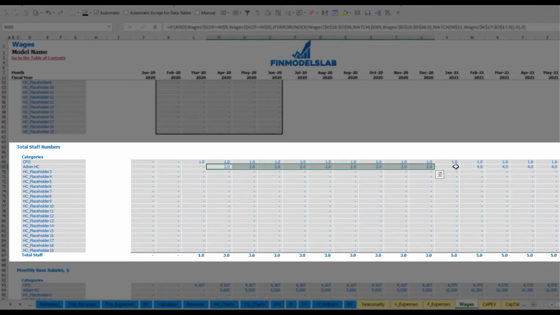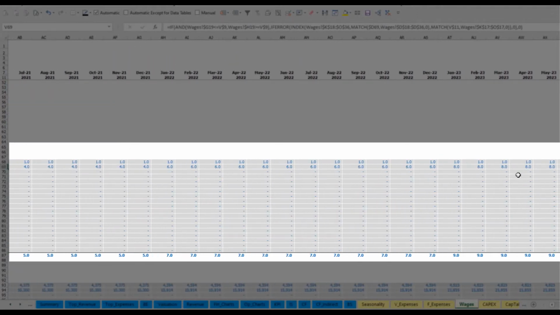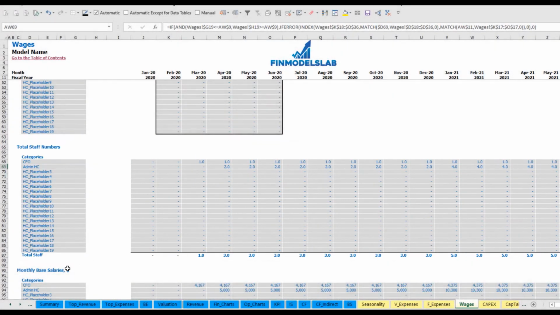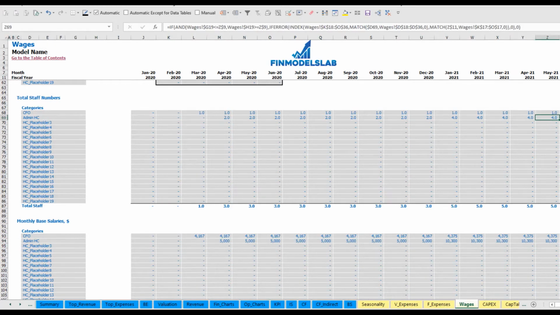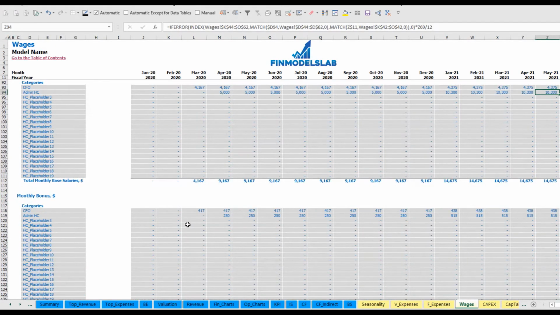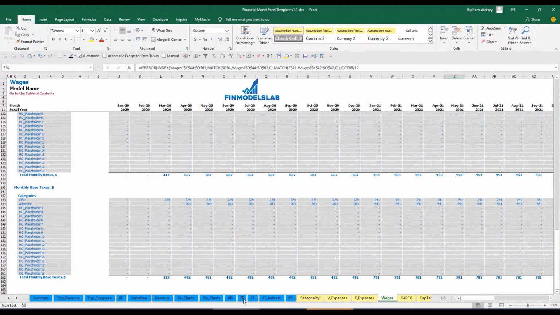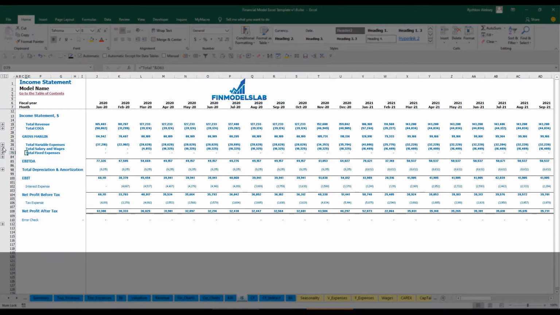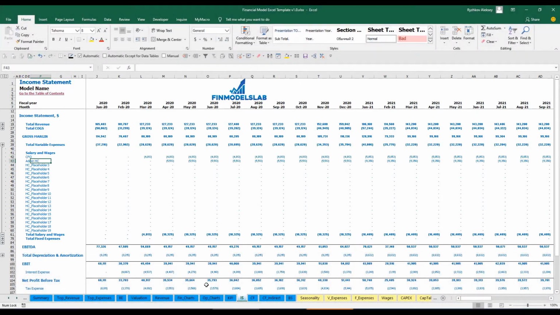Starting from year 2021, you have 4, then 6, 8, and 10 in the last year of the model. Again, calculation of salaries for these, in this case 4 headcounts, calculation of bonuses, and calculation of monthly based taxes. You may see an income statement, total salaries and wages, and here you may see the total amount of bonuses, payroll taxes and wages for these accounts.